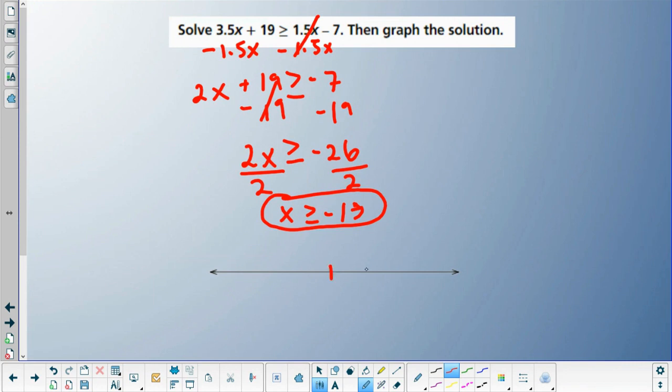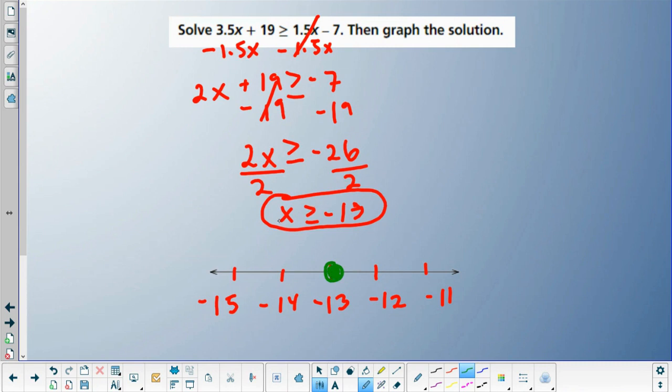So let's go ahead and set up our number line. Again, choose 1 or 2 numbers on either side just so you can represent the numbers. Negative 13 is going to go in the middle. Negative 12, negative 11, negative 14, negative 15. Okay, so when it comes to coloring it in, again, I see the equal to symbol, so I'm going to have a closed circle here at negative 13.